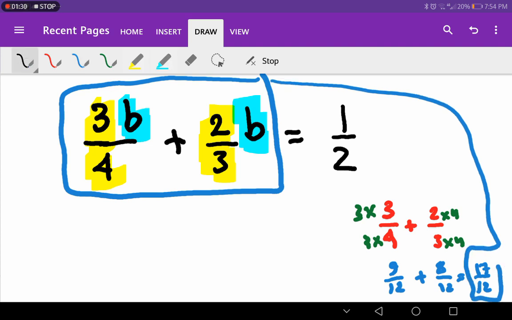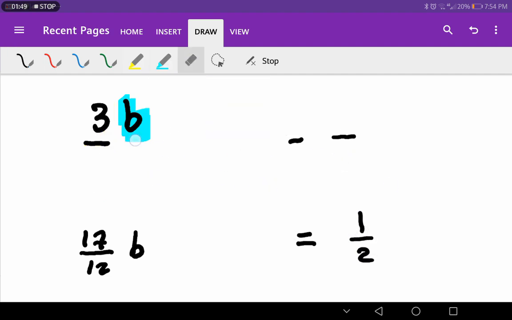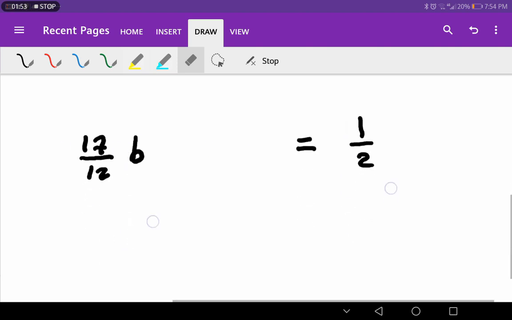So I will write 17 over 12b will equal 1 over 2. Okay, my dear student? Now we have the last step to solve this equation.